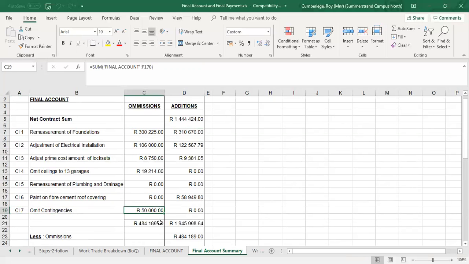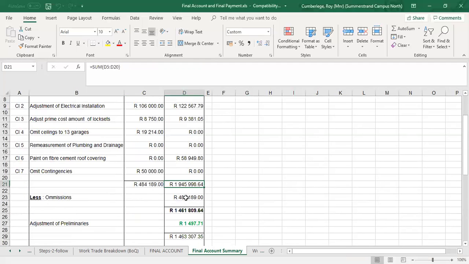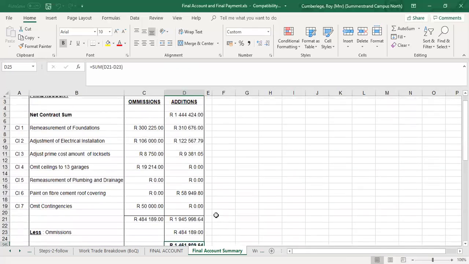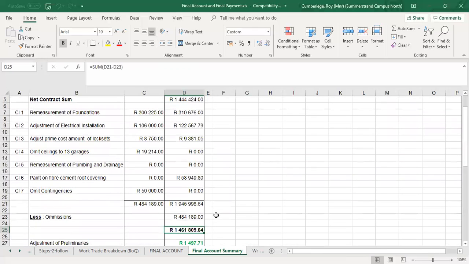We omit the 50,000 Rand. So we add up all the omissions, we add up the additions, and then an omissions total here of 484 Rand, 1,189 Rand, which will give me that figure there before the adjustment of P's and G's.